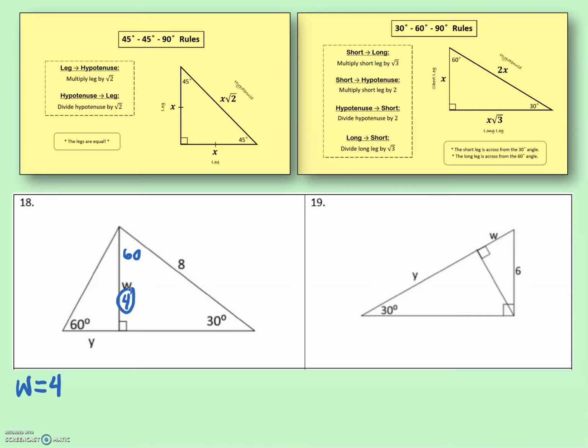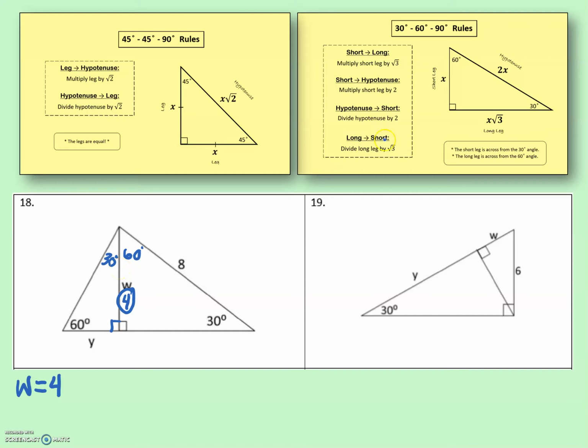All right, but now it's asking us to also find Y, and we know that this triangle here on the left is a 30, 60, 90 triangle as well, because these two 90-degree angles make up that straight angle, and that's 30 degrees, right? So in this triangle, the 4 is that long leg, and we're looking for the short leg.